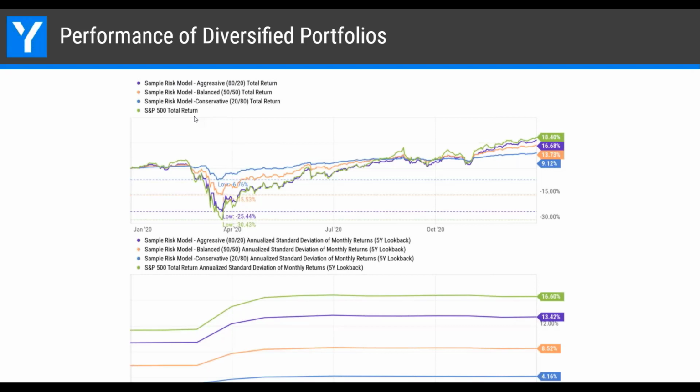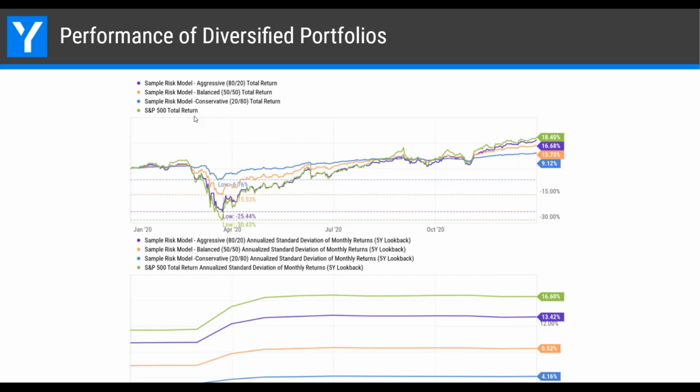If you upload your model portfolios and you use YCharts to manage those model portfolios, this is a great visual to share with clients and demonstrate the benefits and the drawbacks of diversification or different allocated strategies. So it does a great job of showing over time both the benefits to the upside and the protection to the downside of different kinds of portfolios.